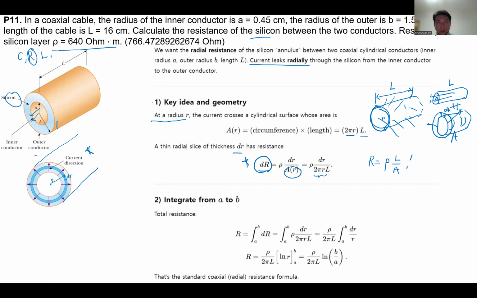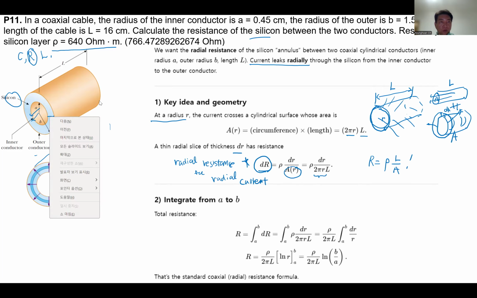This is the radial resistance for radial current. The current is flowing radially from here to here.